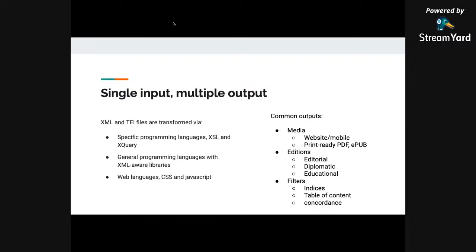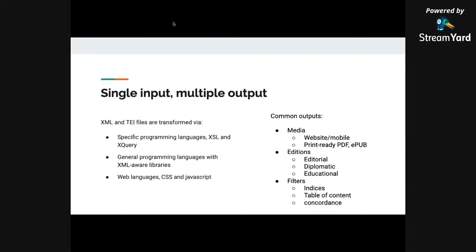three methods of transformation. Common outputs, for example, are different media, websites, as we mentioned, HTML as an output format, or various print or print-on-demand formats.